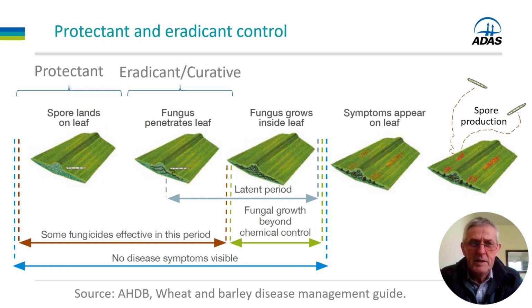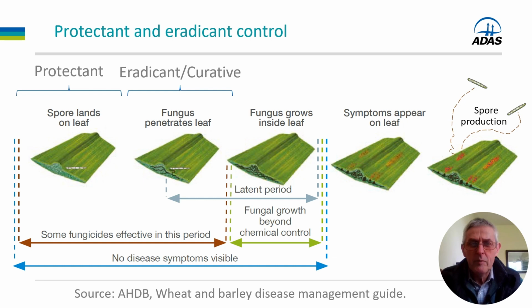And we give these different periods of time different labels. So we talk about the period when the leaf has just emerged and before spores start to land on it, or as they're just starting to land on it, as a period of protectant control from a fungicide.